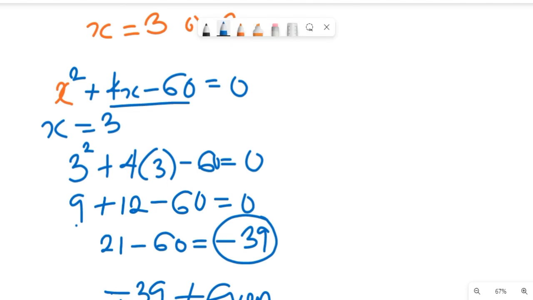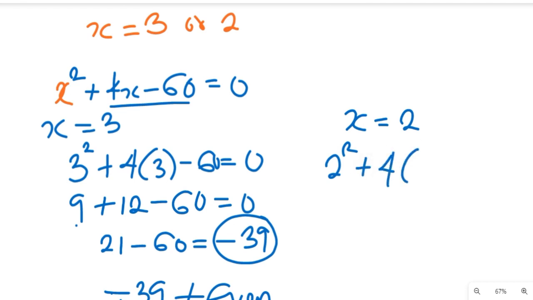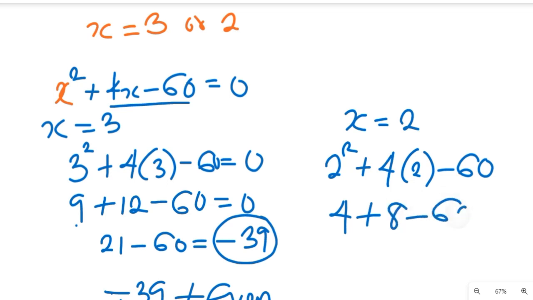Now let's try the value for x equal to 2. If x is equal to 2, we'll have 2 squared plus 4 multiplied by 2 minus 60. Will this give us an even integer value? Let's find out. 4 plus 8 will give us 12.